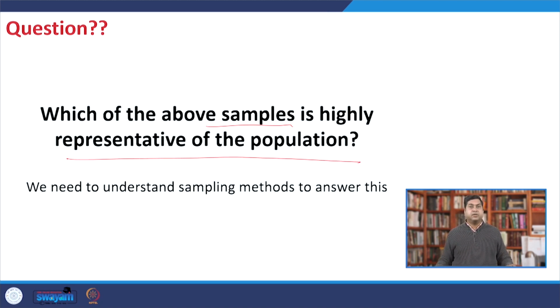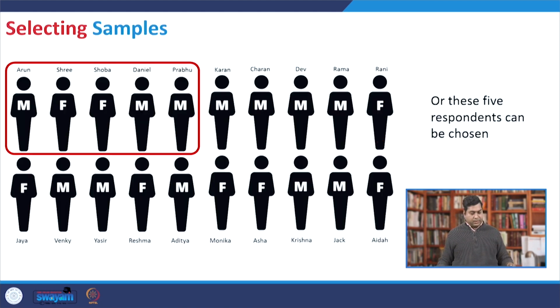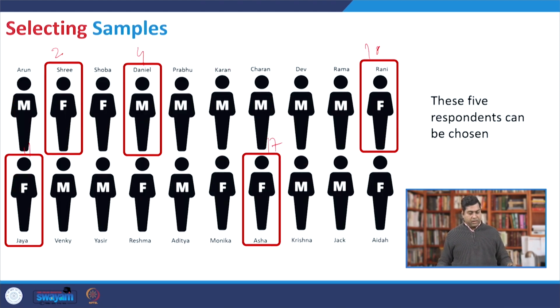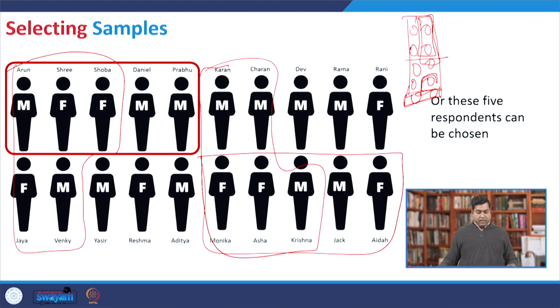So that is another question, that there are so many ways to do it, but which one will satisfy my need? In the first case, we are picking up 1 female, 2 female, 3 female, 4 female. So 4 female respondents and 1 male. This is one particular overall characteristic.